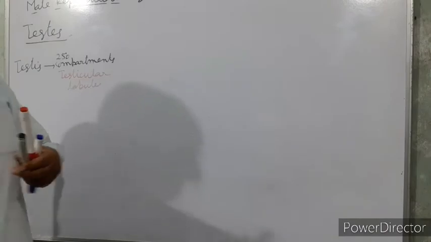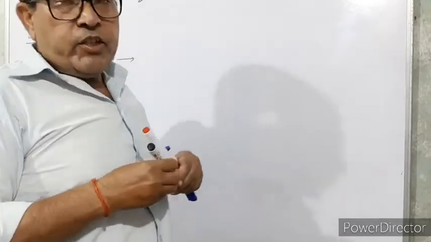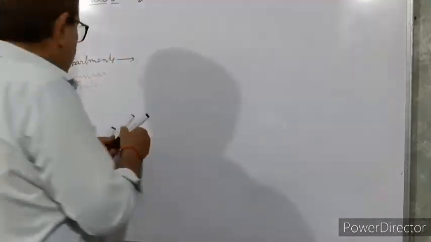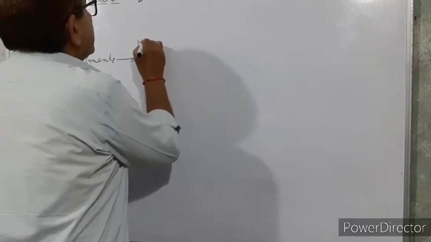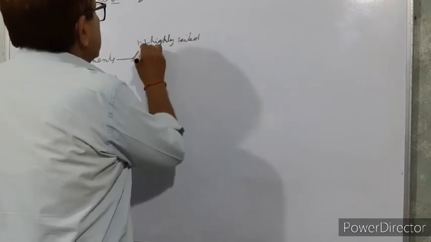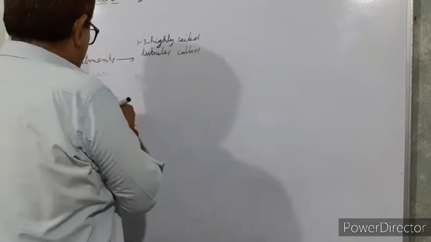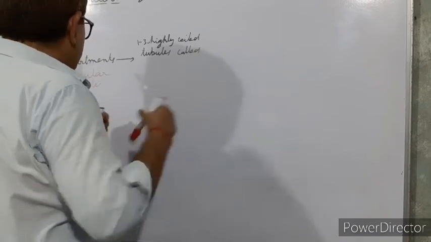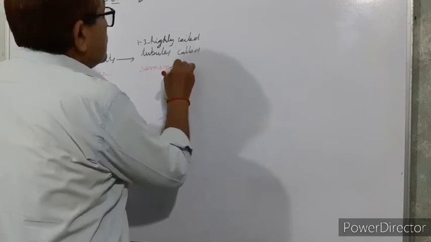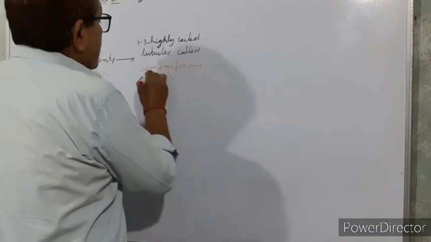Each testicular lobule contains about 1 to 3 highly coiled tubules called seminiferous tubules.